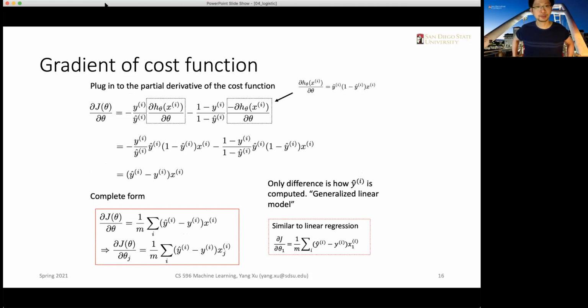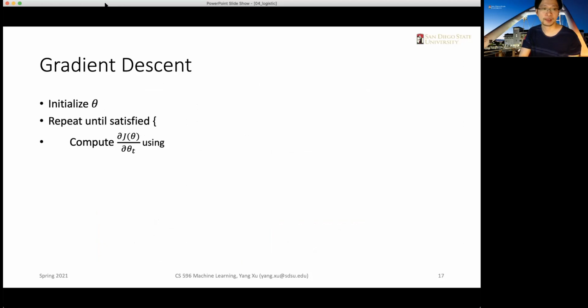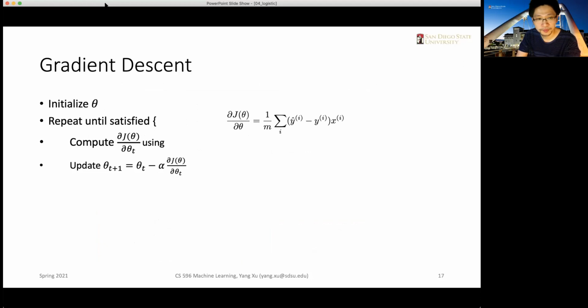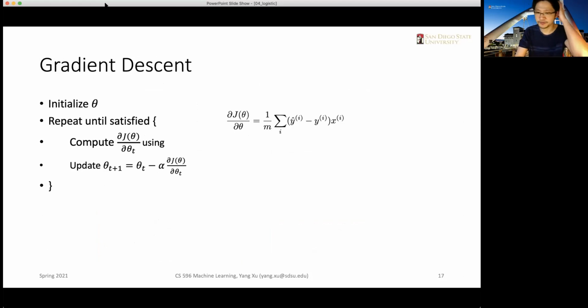We can compute the gradients, and then we can use the gradients to update the parameters. So the gradient descent process is more or less the same as linear regression. We initialize theta, repeat the steps of computing the gradients using this formula, and update the parameters defined by the gradients and controlled by the learning rate alpha, until we are satisfied.